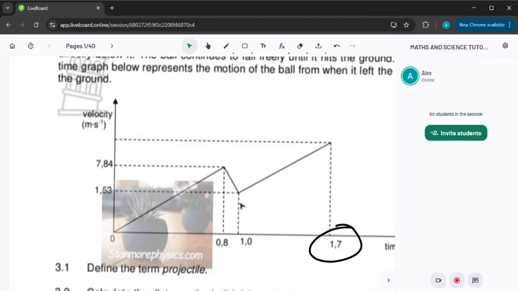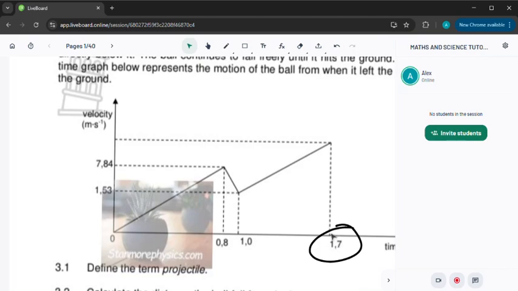Our initial velocity is 1.53. Can you see? From 1.53, boom, then we hit the ground. So we want the final velocity, right? We have the initial velocity, which is 1.53. We have the time, which is 1.7. We also have acceleration due to gravity, which is negative 9.8, and we are looking for final velocity.